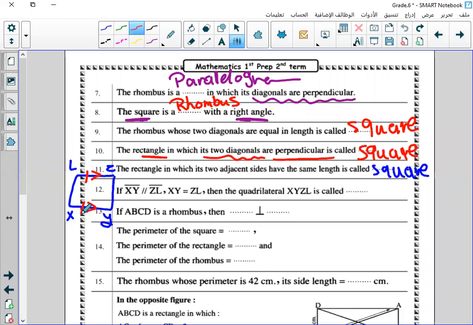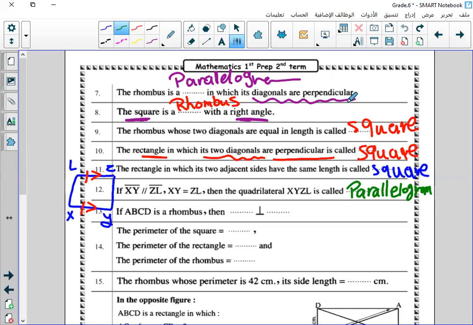Who can answer number twelve? Parallelogram. Excellent. Can we write another quadrilateral or not? Yes, rectangle. But the correct answer will be parallelogram, like what you said.